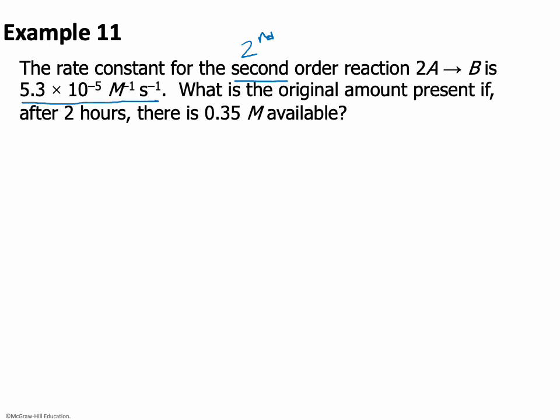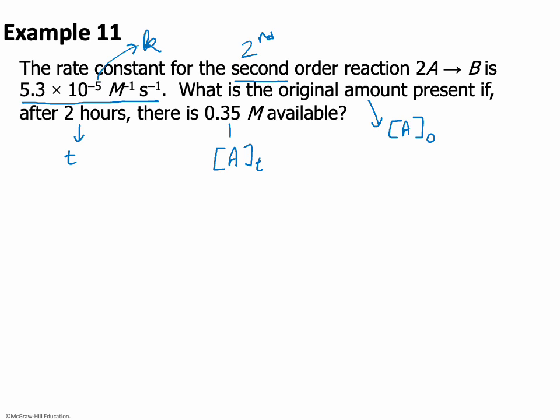This is the rate constant, which means this is the k given to us. What is the original amount? So if this is my reactant A, the question is asking what is original, so what is the value at time 0? If after 2 hours, which means that's how much time has passed, 0.25 is available. So this is how much is left after time t has passed.